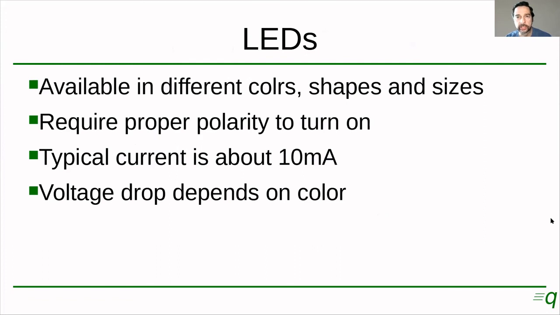Then we studied LEDs, and we know that they are available in different colors, shapes, and sizes, and they require the proper polarity to turn on. If you connect the reverse polarity, they will not turn on. Typical current for indicator LEDs is about 10 milliamps, and the voltage drop across them depends on the color.